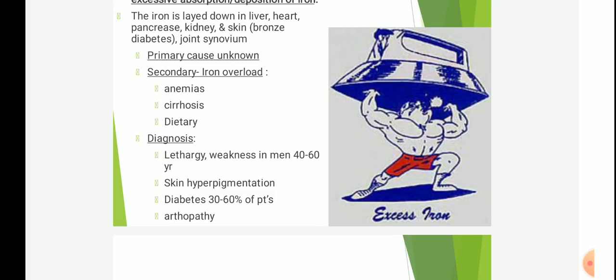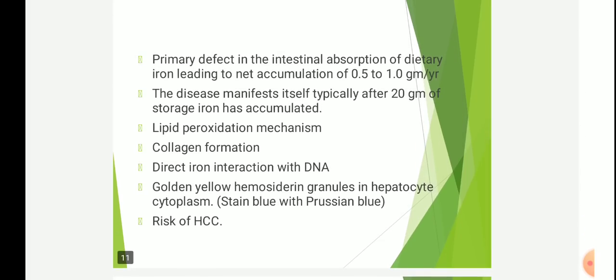The patient might come to your clinic with lethargy and weakness, seen in people around 40 to 60 years of age. This could also be associated with diabetes and arthropathy. The primary defect is in the intestinal absorption of dietary iron, leading to net accumulation of 0.5 to 1 gram every year. In a single year, 1 gram is accumulated in different organs of your body.